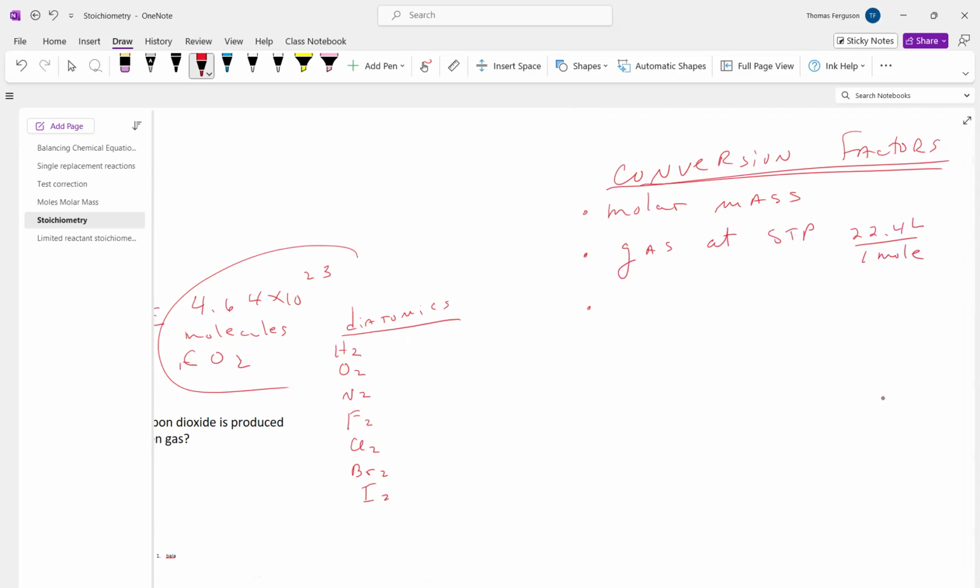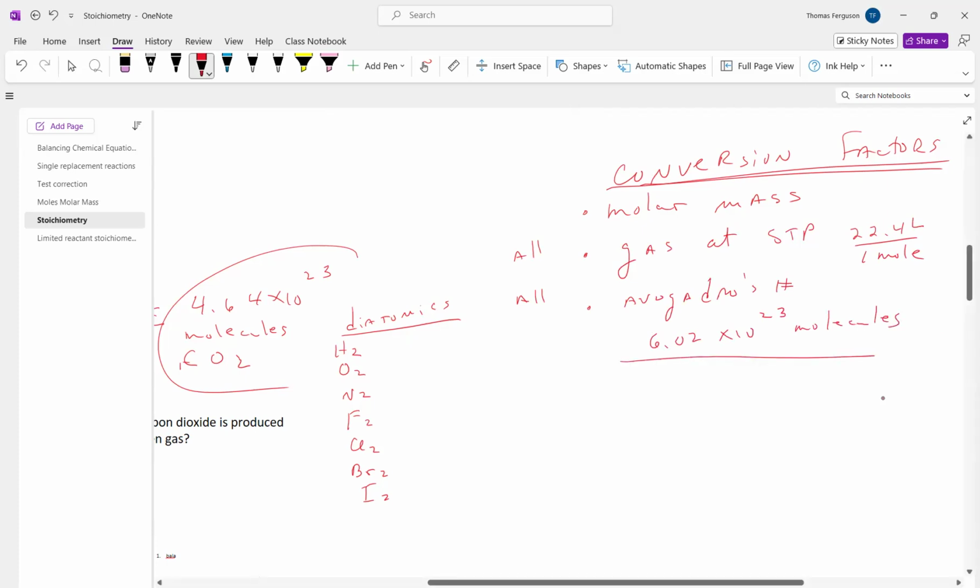This is for all gases. And Avogadro's number. And of course, we have the inversions.